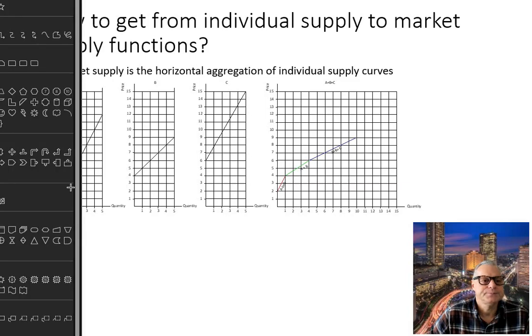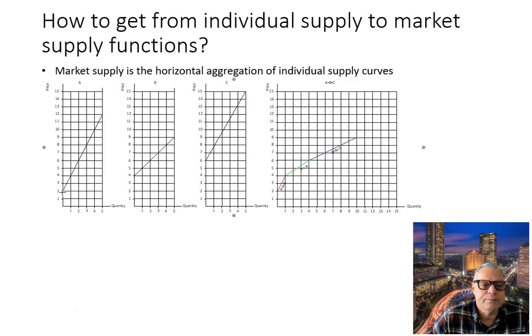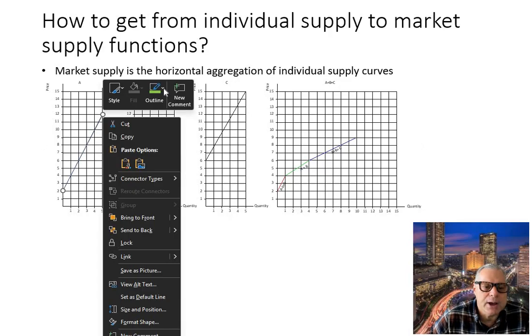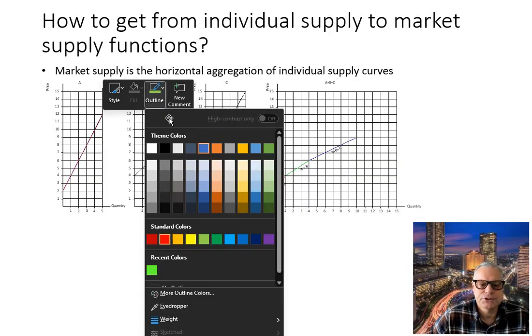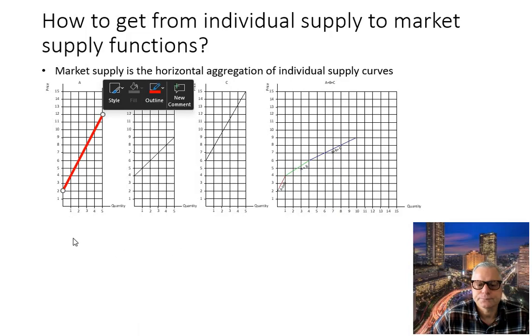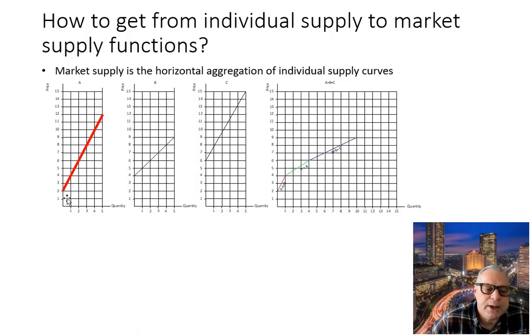So here we have producer A, and producer A can produce certain amounts at lower cost. So producer A can produce quantities between 0 and 1 with a reservation price between 2 and 4. So that is clearly the most efficient.